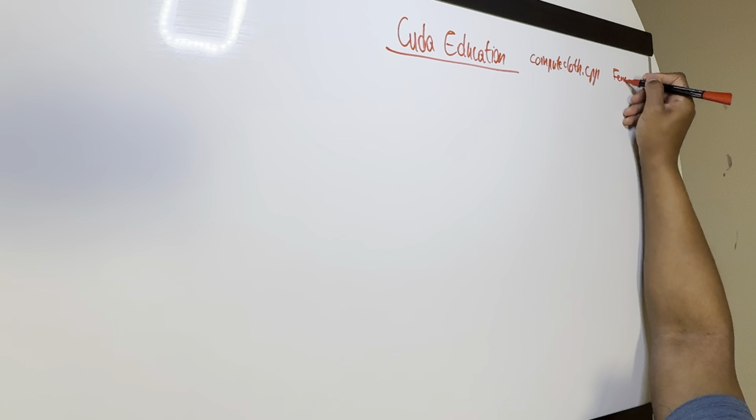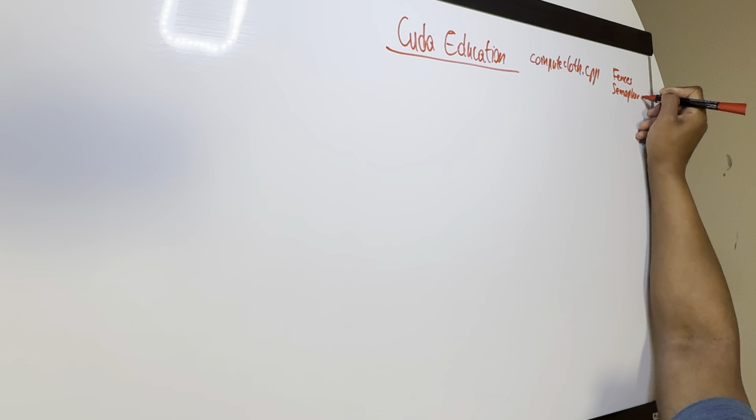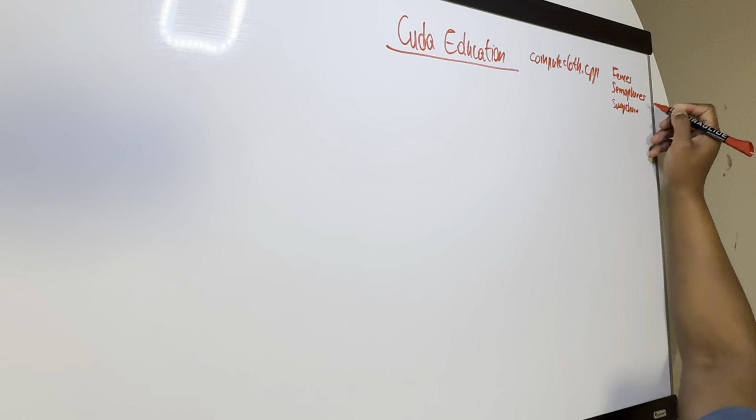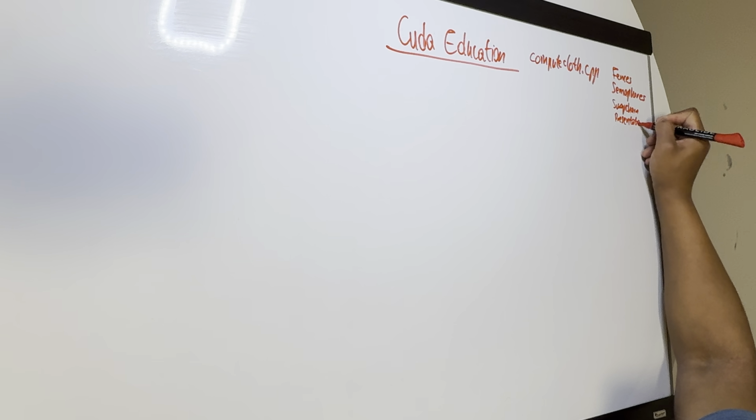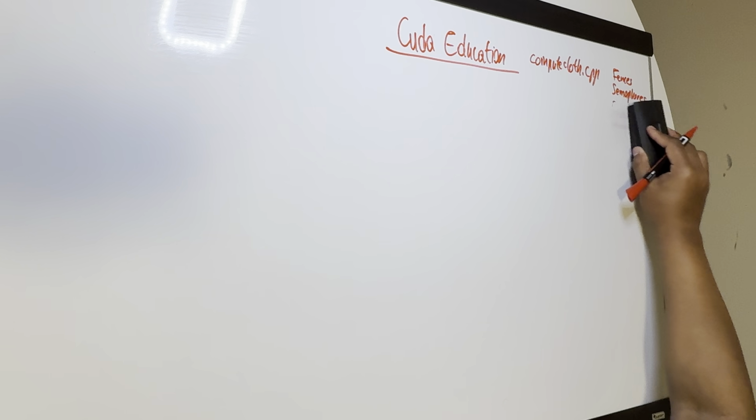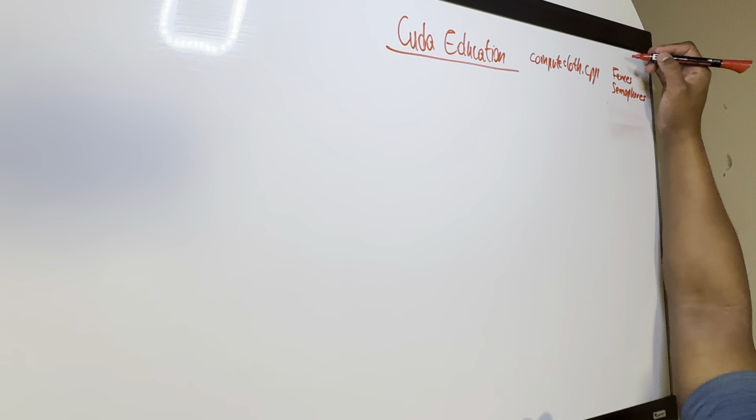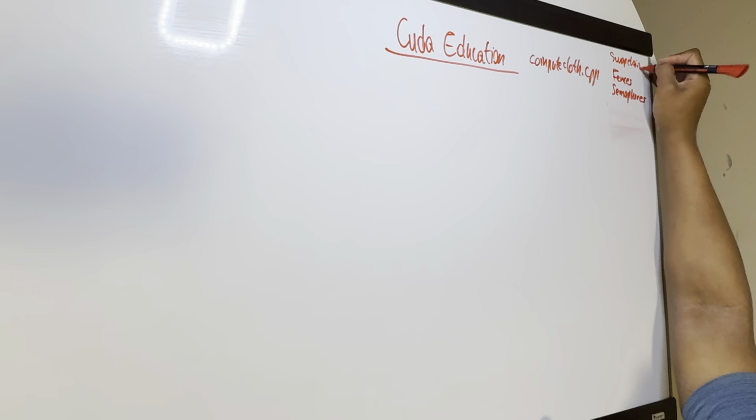The things that we want to cover are basically fences, semaphores, and we're going to get a little bit into the swapchain and presentation layer.